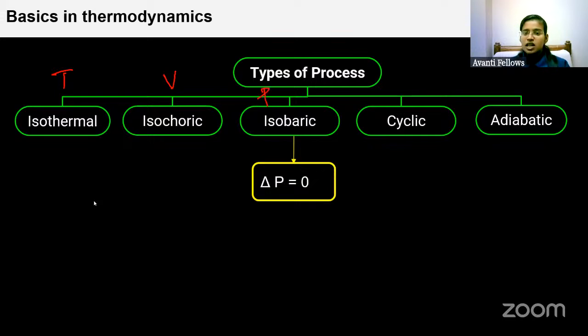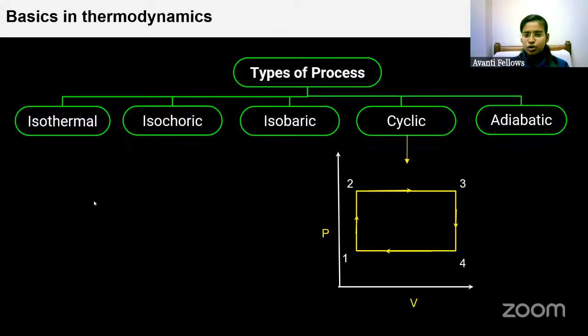Clear? Now coming to cyclic. For cyclic process, I'll show you the picture. I'm starting from point 1, reaching point 2, and from 2 to 3, 3 to 4, and again I'm coming to 1. The initial point and the final point remain the same.